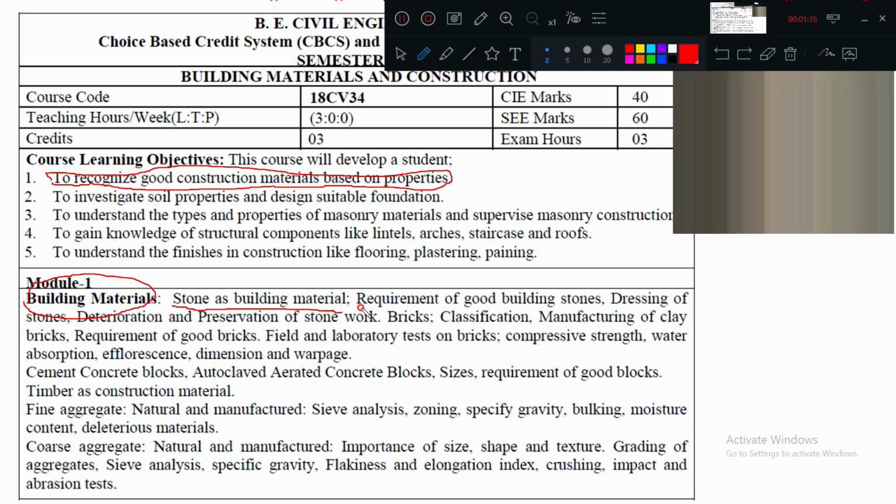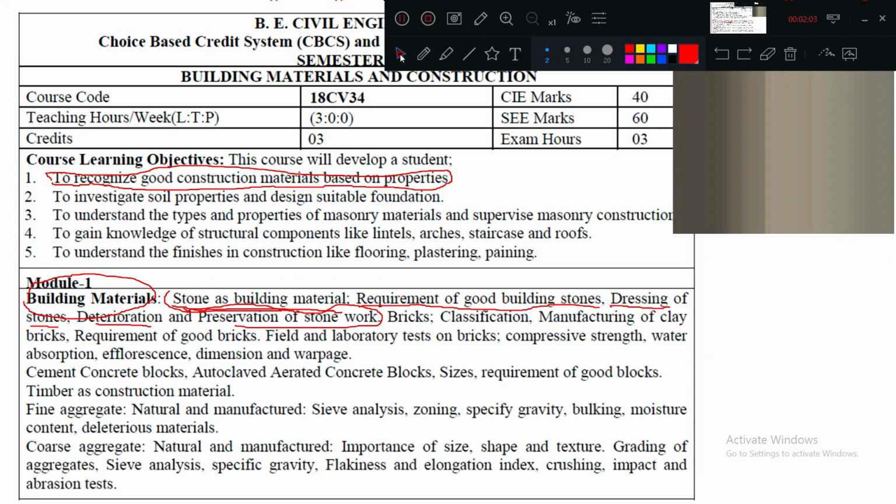In that, we are going to see the requirement of good building stone, dressing of the stones, deterioration and preservation of stonework. So today we will start learning these points: stone as a building material, requirement of good building stone, dressing of the stones, deterioration and preservation of the stonework.